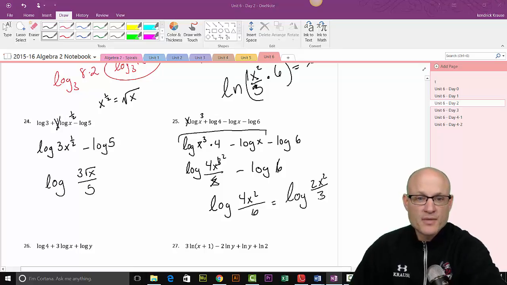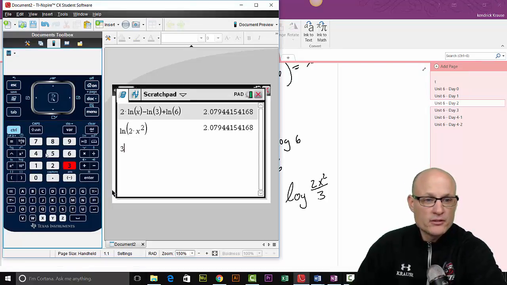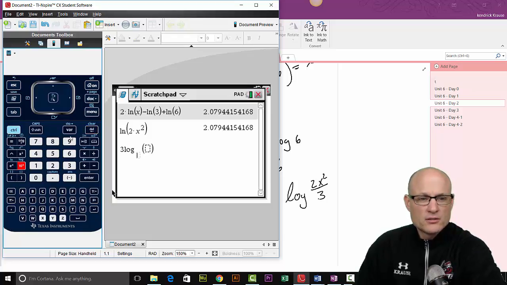And I might check that. Of course, I might not. I might check it wrong. 3 log x plus log 4 minus log x minus log 6 minus log x minus log 6.